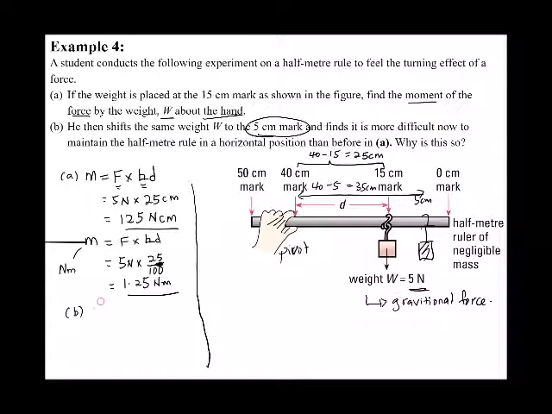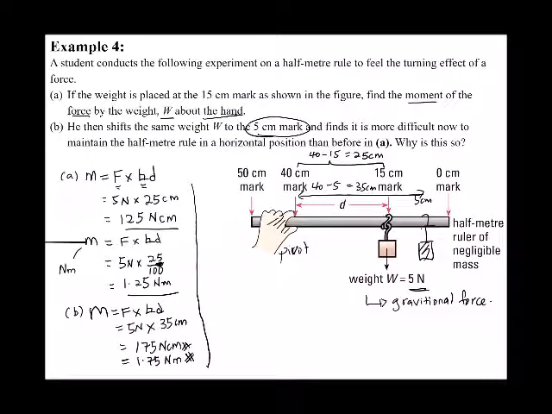To find your moment, you need to take your force multiplied by your perpendicular distance, and this will be 5 Newton times 35 cm, and you will get a value of 175 Newton centimeters. Or if you were to give it in the SI unit, it will be 1.75 Newton meters. So either one is okay.